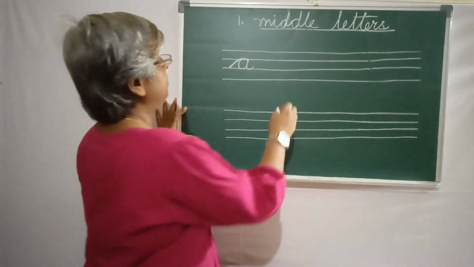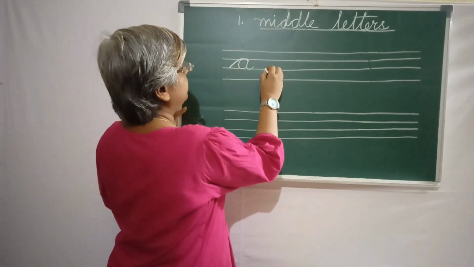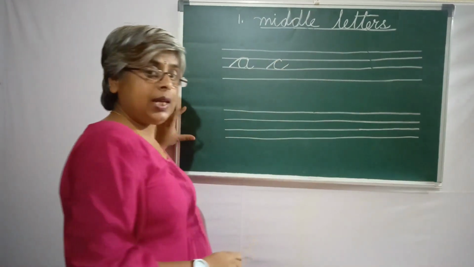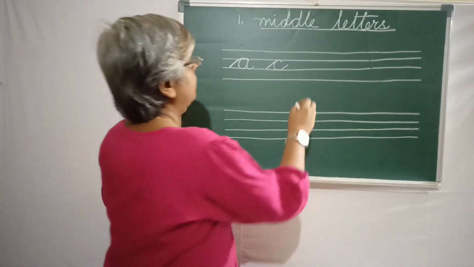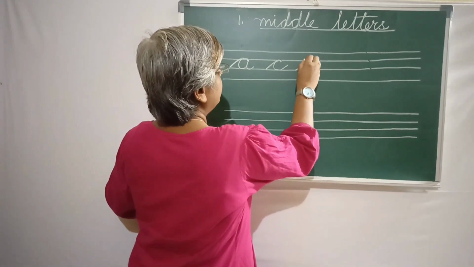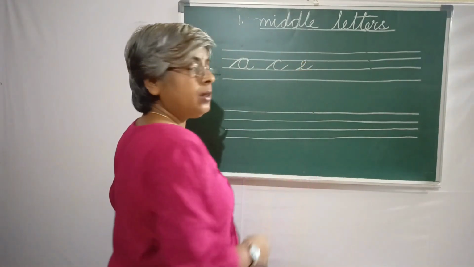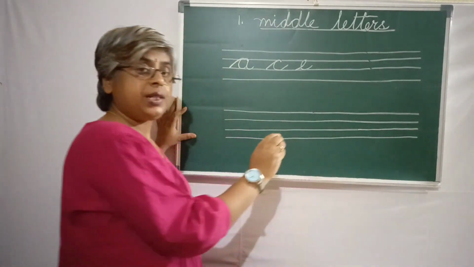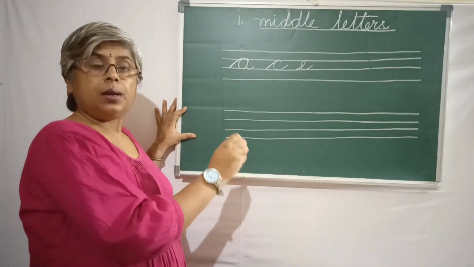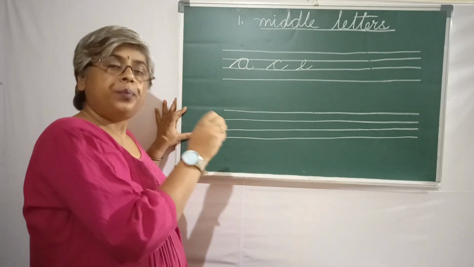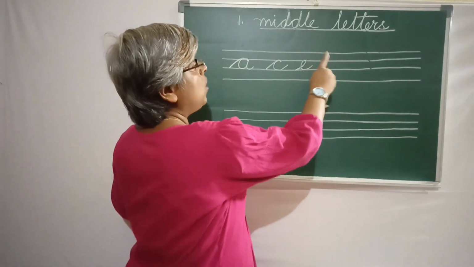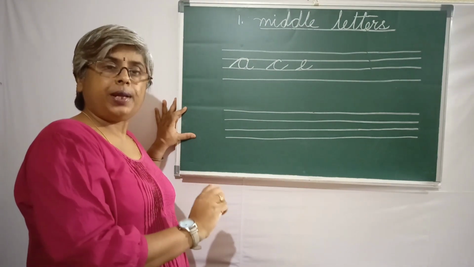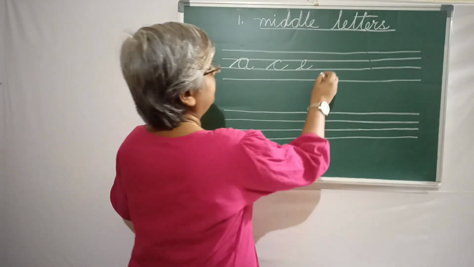Apple. C. Again, third line. C. E. Every time I am placing my pencil in the third line, and then you have to touch the second line, and then write the letters.